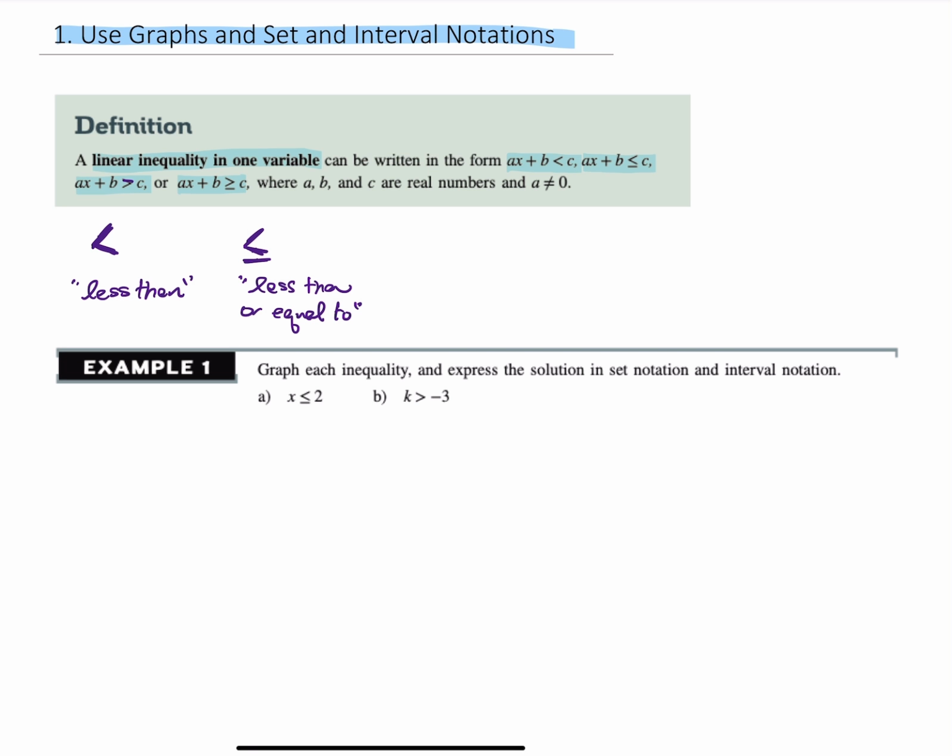So notice these will produce many possible solutions as opposed to just one equality, where this thing has to be equal to this. And then if we flip it around, this would read greater than. And similarly, this would be greater than or equal to.